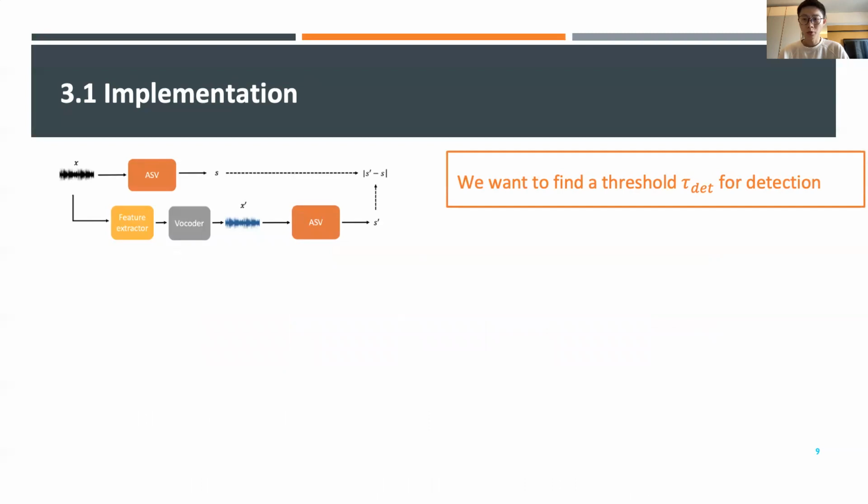Let's see how to use the framework to detect the adversarial samples. We want to find a threshold tau for detection. If S prime minus S is larger than tau, the input X will be classified as an adversarial sample.